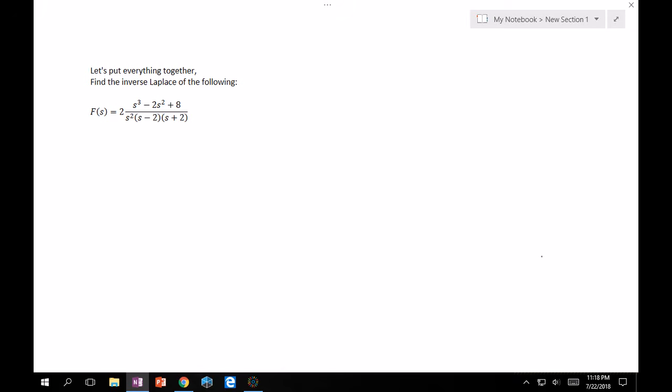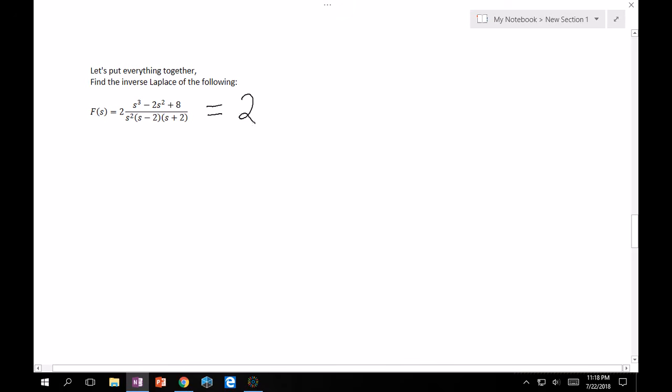Okay, and we want to take the inverse Laplace of this. I can't take the inverse Laplace of this just as it looks right now. And I just made a whole little speech about partial fractions, so it's more than likely that we need to take partial fractions, right? Good. Let's go ahead and rewrite this.